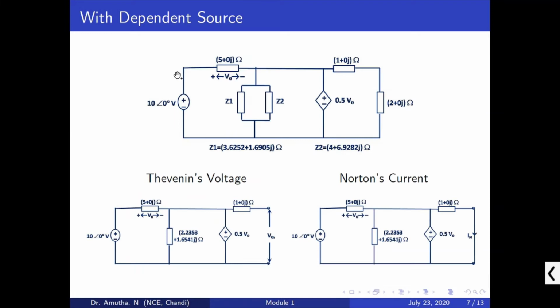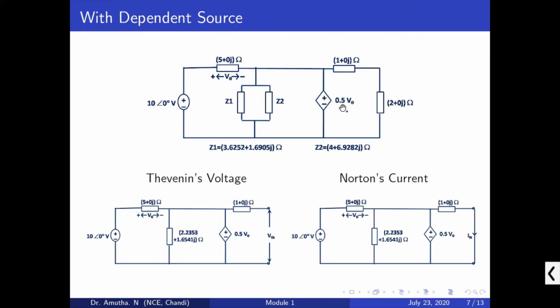For example, we have taken one circuit with one dependent source available in that particular network. This dependent source is a voltage source. Due to this diamond symbol, and the plus and minus, we can indicate that it is a voltage dependent source.